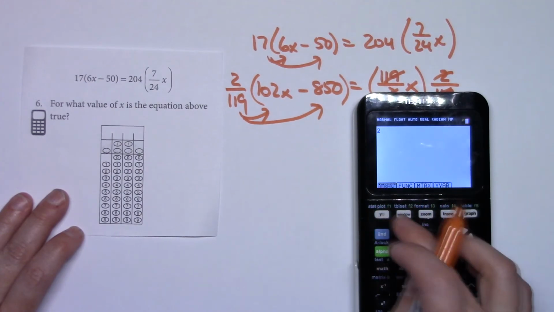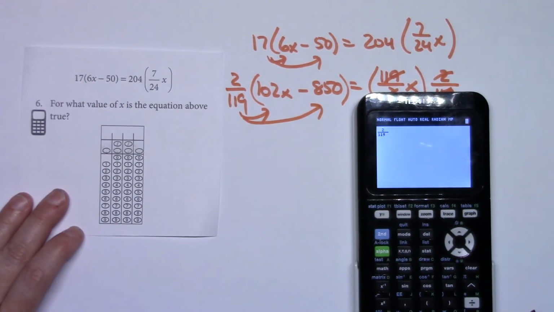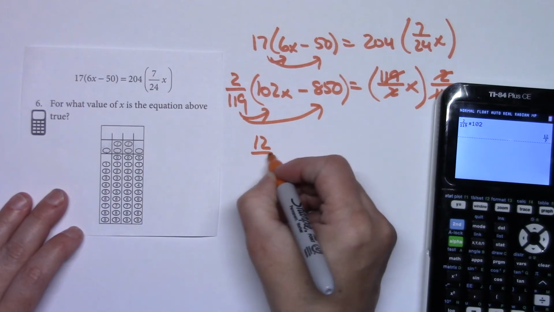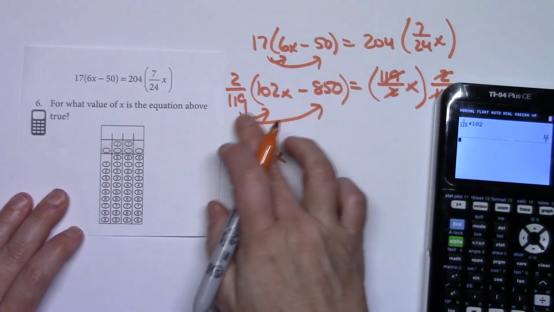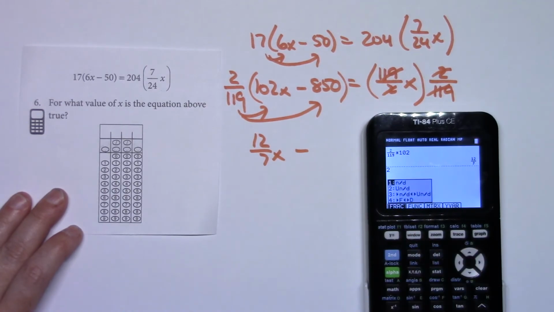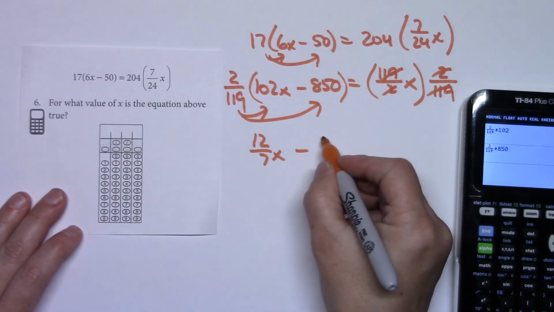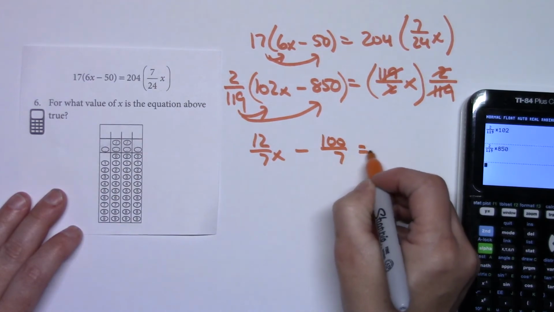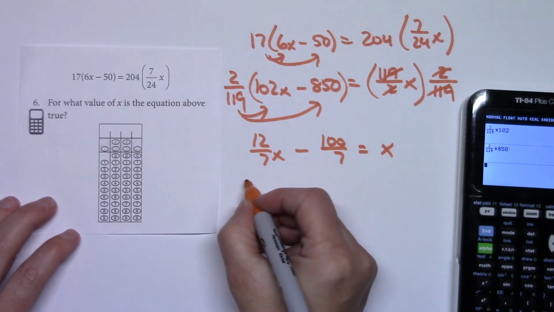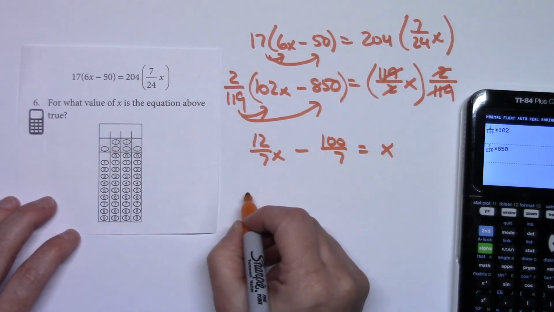So 2 over 119 times that 102 comes out to be 12 over 7x. Then I'm going to do the second multiplication: 2 over 119 times 850, and that's going to give me 100 over 7 equals x. At this point, I think I'll go ahead and subtract 12 sevenths x from both sides.